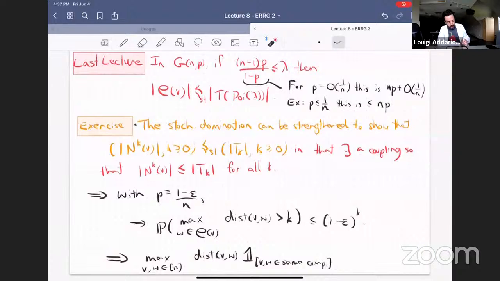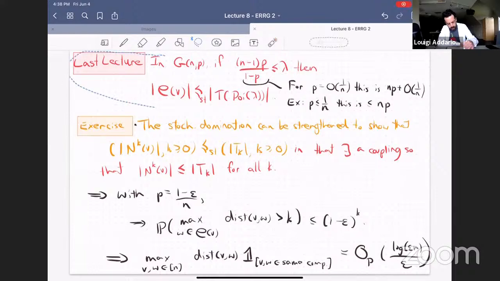You take your random graph and ask, over all pairs of vertices that live in the same component, what's the greatest distance? You can get a bound of the form log(epsilon n) divided by epsilon. So for epsilon constant, in a subcritical Erdős–Rényi random graph the greatest pairwise distance is logarithmic, but this works even when epsilon depends on n. All of this is in the way of exercise.